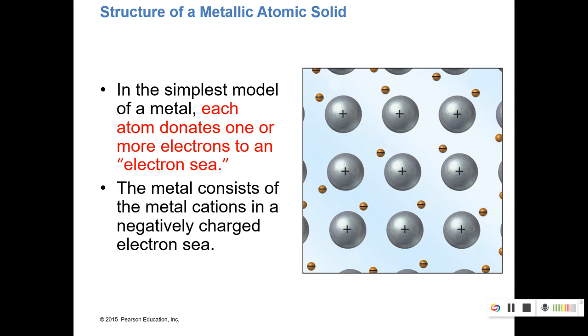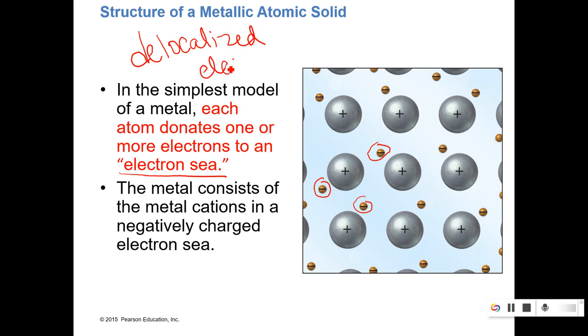Okay, this is an important part of metallic atomic solids. So in a metallic bond, these electrons are free to move around. So we say there's a sea of electrons or an electron sea. Sometimes we also say delocalized electrons. You need to know both of those terms, sea of electrons or delocalized.